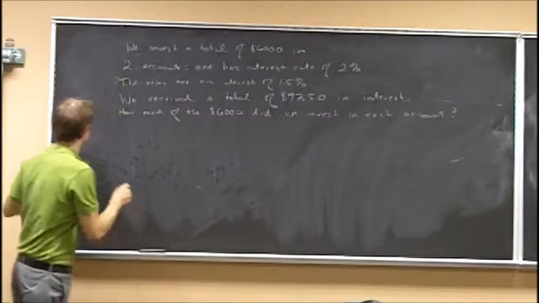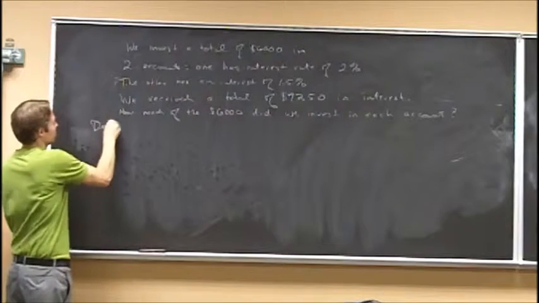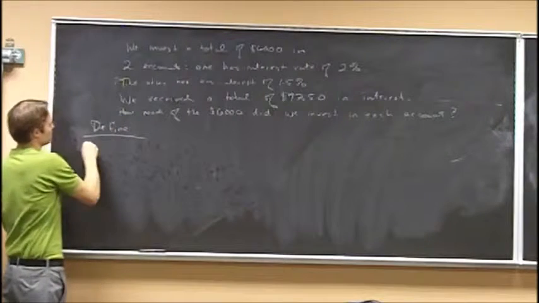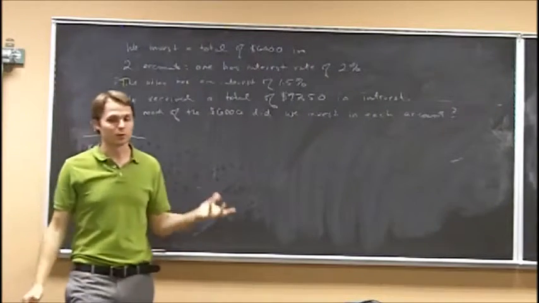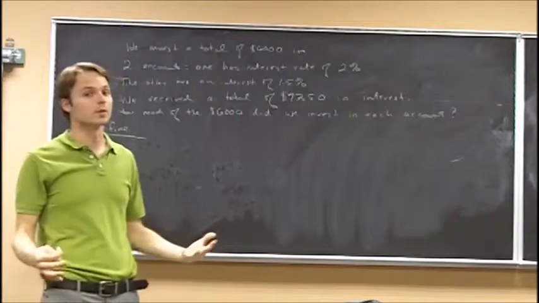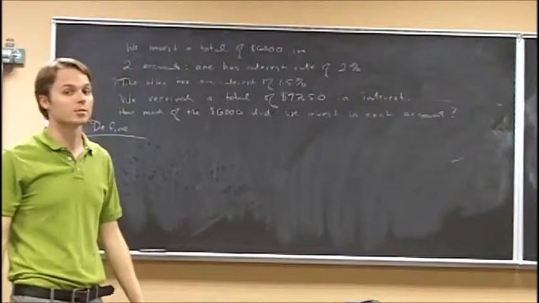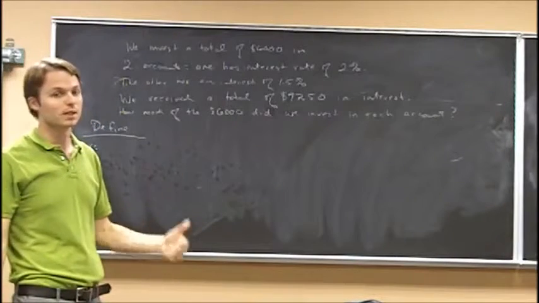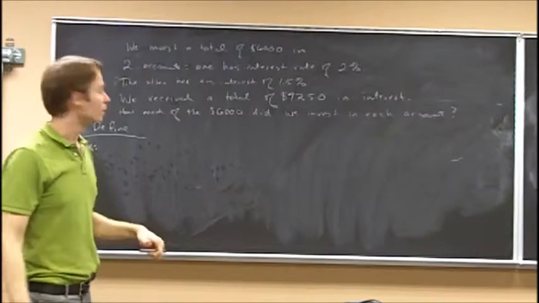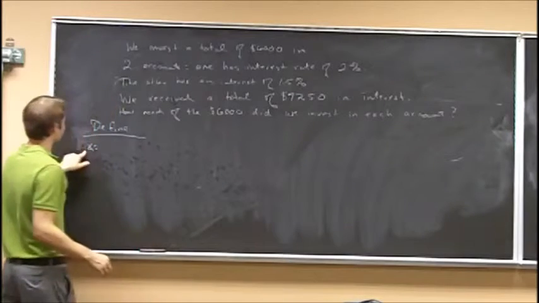So again, we need to start by defining our variables. So in this case, I can let x be, the way we figure out what the variables should be is we just ask ourselves a question: what are we trying to solve for? What are we trying to find in the problem? In this particular problem, we're trying to find how much I invested at 2% and how much I invested at 1.5%. So that's what I can just use for my variables.